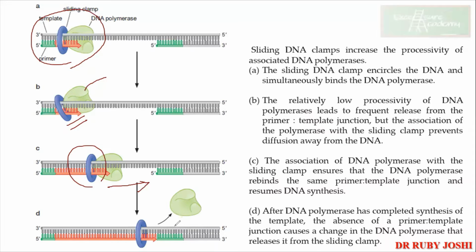Then the DNA polymerase can leave the template. Now no primer template junction is required, right? Because everything has been synthesized. Now the DNA polymerase will leave, and after that the sliding clamp will also be released, because there is no further primer template junction.